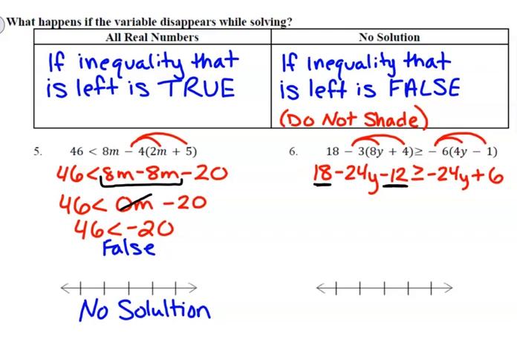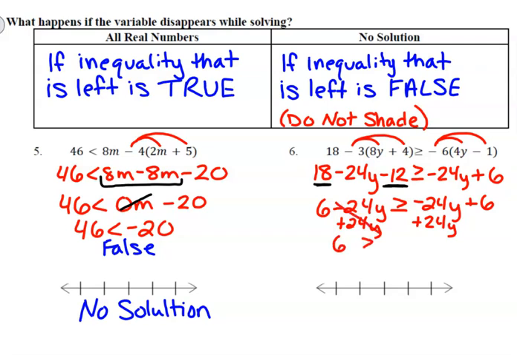So 18 minus 12 is 6, minus 24y, negative 24y, and plus 6 is still on the other side. So if I try to add my 24y over, this is gone, this is gone, and we get 6. So 6 is greater than or equal to 6. That's true because of the or equal to. So we're going to say all real numbers.